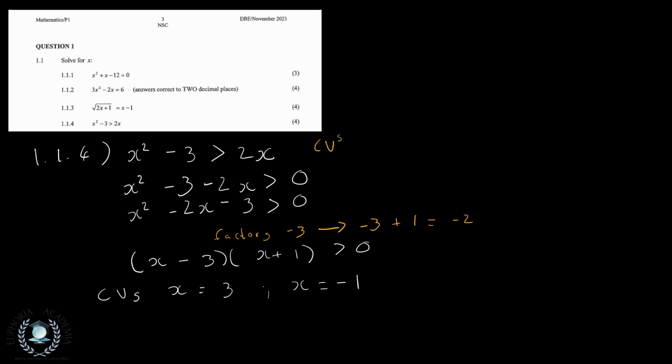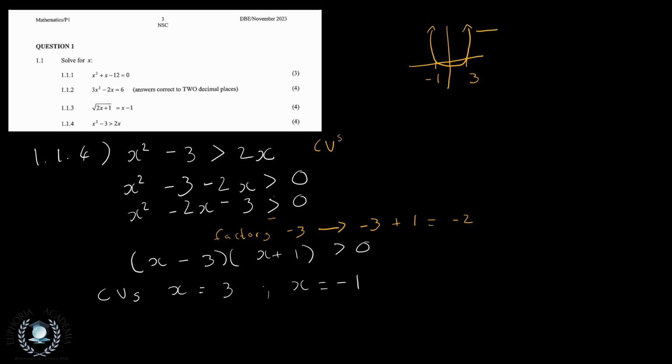All right, now looking at this inequality, we're working with a greater than sign. Okay, so that means when we draw the parabolic function, because that's what this inequality is, it's a positive parabola, where we have our critical values of -1 on the negative side, and the other critical value of 3 on the positive side, working with a greater than sign.